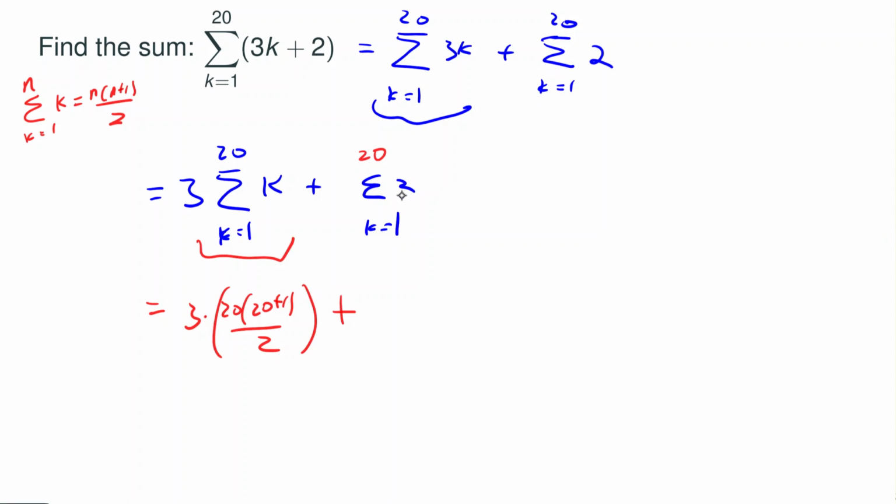And this one is just adding 2, 20 times. This is 2 plus 2 plus 2, with 20 of them, which means we just have 2 times 20.